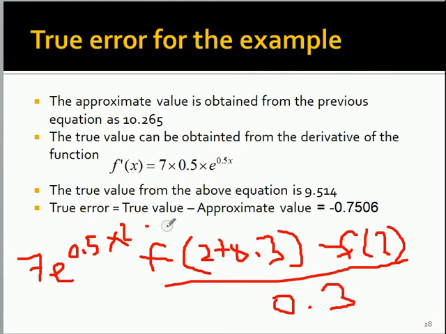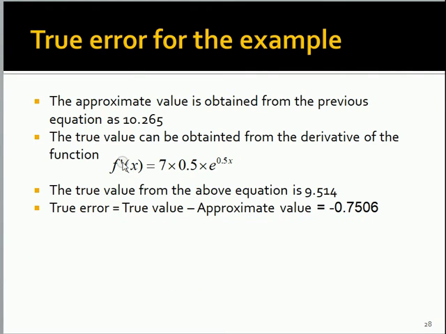So this is for this one. Similarly, you can find this and then divide it by 0.3, and then you will get this answer, 10.265. Now the way to get the true value is even easier. Just use this formula. Right, easy.